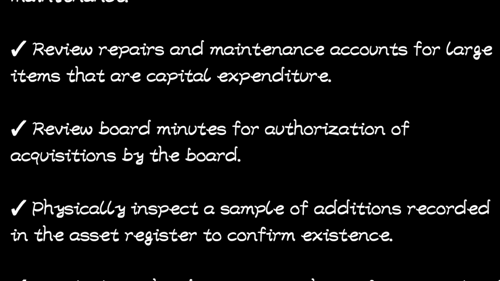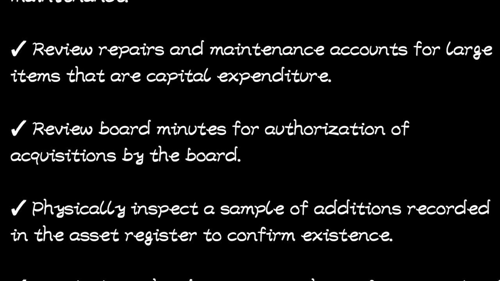Then another procedure is you can review repairs and maintenance accounts for large items that may be capital expenditure. So in case there are any large amounts, that should be recorded as a capital expenditure.